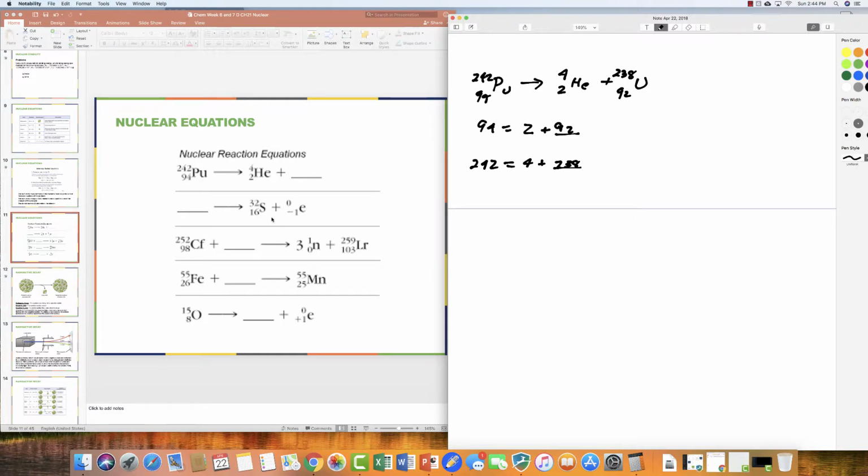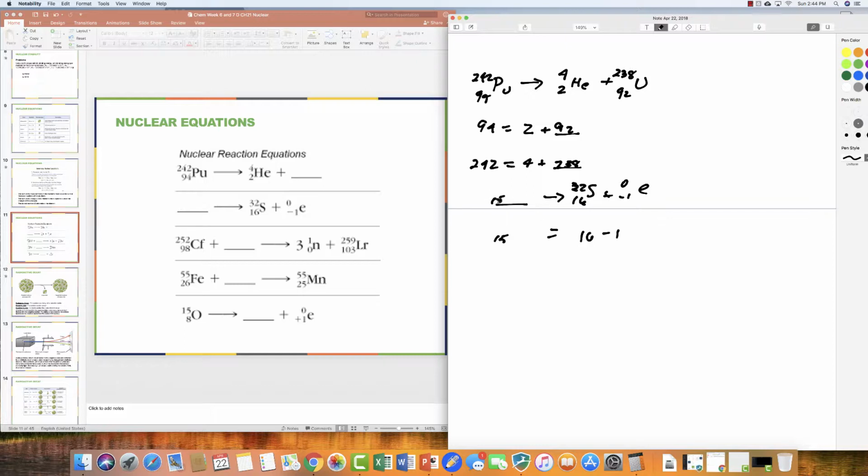Let's take a look at this one right here. Something breaks down to form sulfur-32, 16, plus a beta particle. So 16 minus 1 has to equal something, and that's going to be 15.